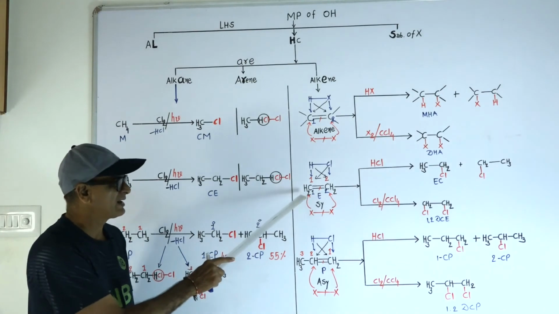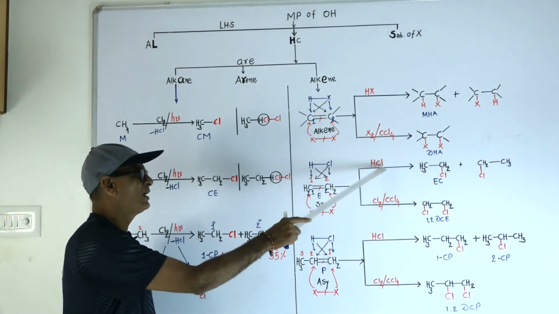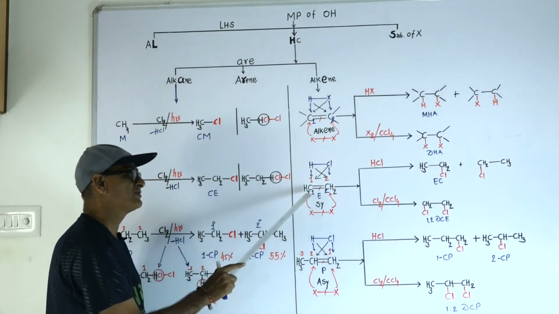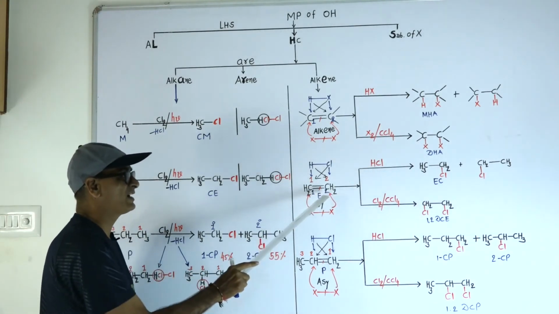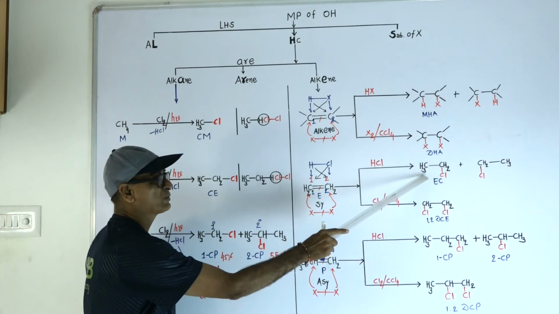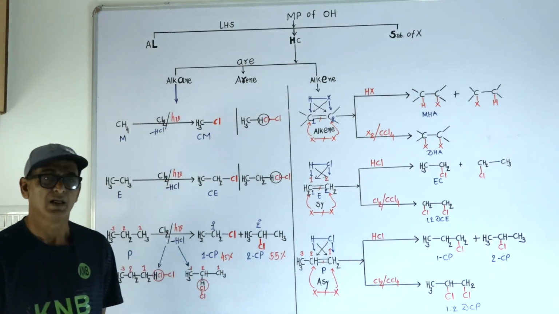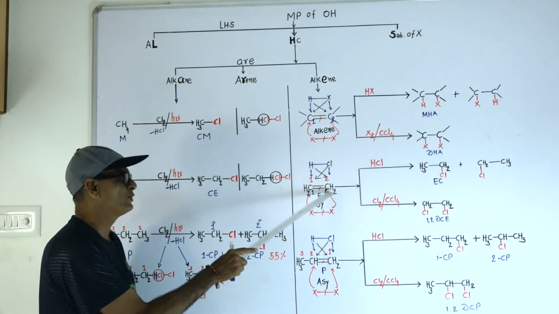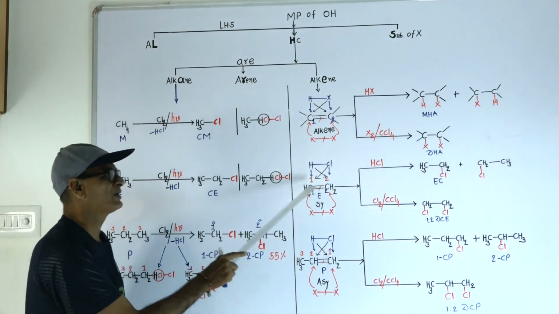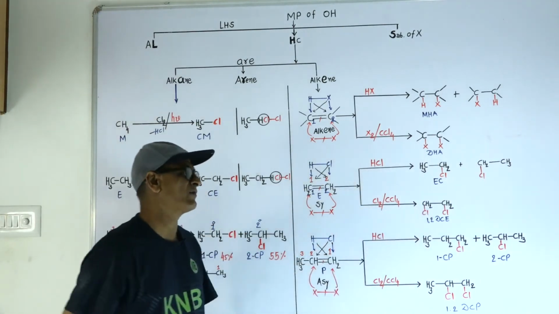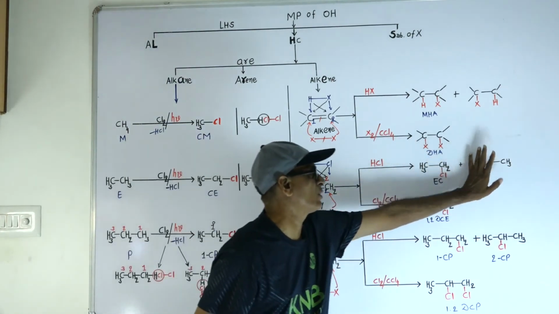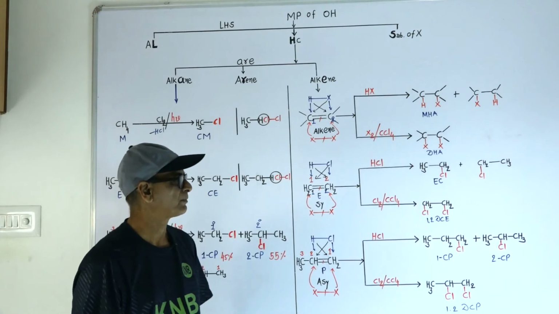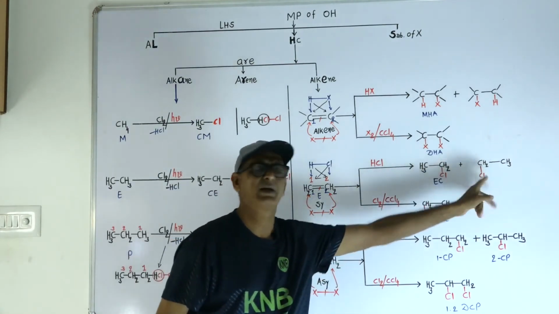In the symmetric alkene, during hydrohalogenation, if hydrogen attaches with C1 and halogen with C2, you will get ethyl chloride. Second possibility, if hydrogen attaches on C2 and Cl with C1, this is also ethyl chloride. After giving a 180-degree rotation, this product converts into this one. If we rotate it, this will be formed.